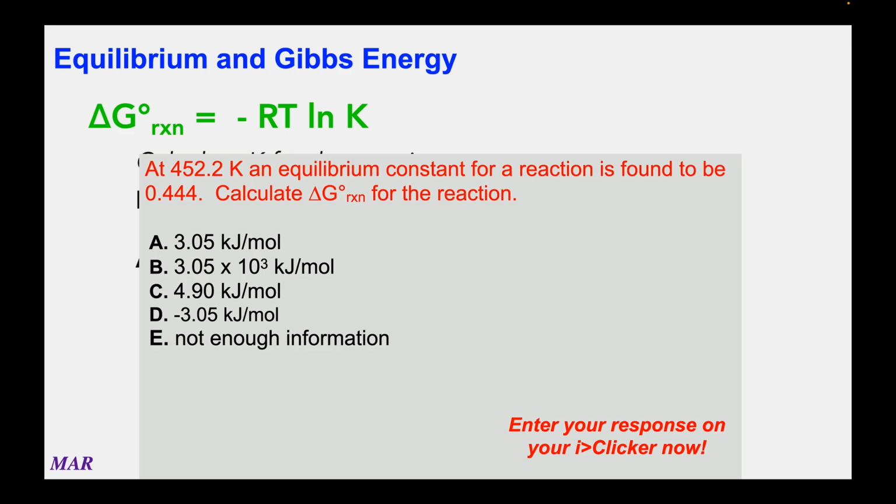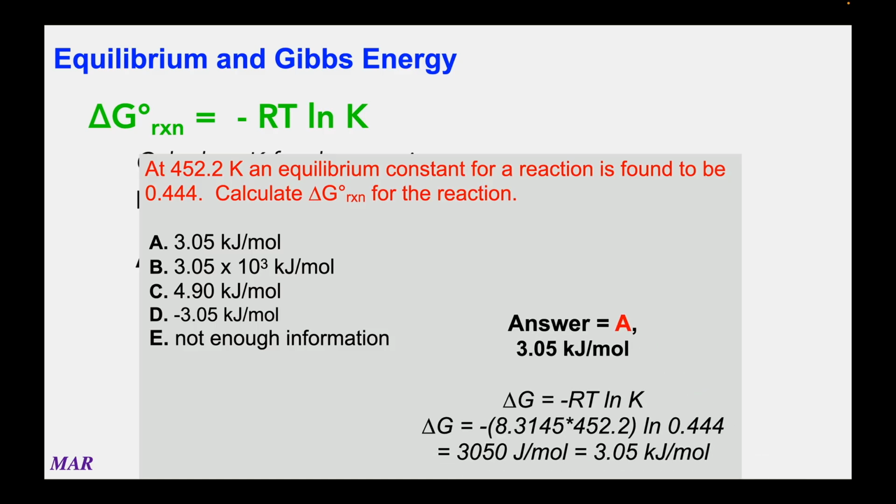And that's going to give us a delta G number. Now, the delta G number we initially have will be in joules per mole, and we need to convert that into kilojoules per mole. So we'll divide that number by 1,000 to get the desired kilojoules, which makes sense for our answers. So if you do all that, that comes out to be positive 3.05 kilojoules per mole.